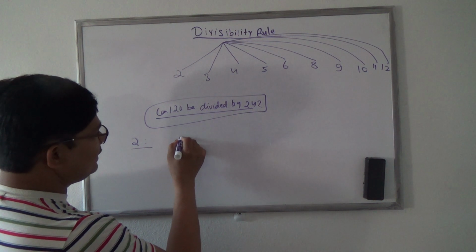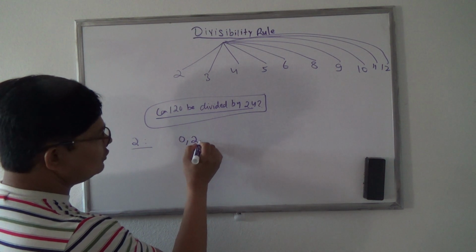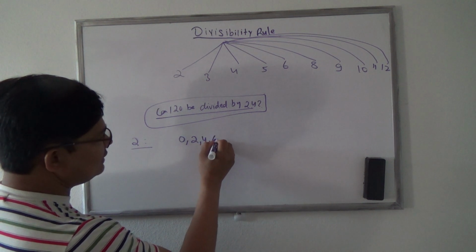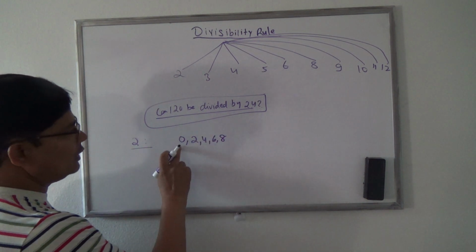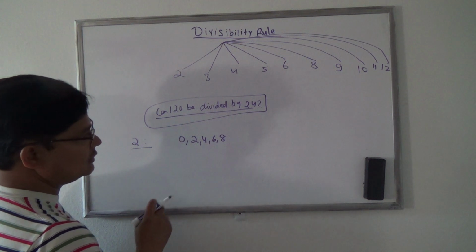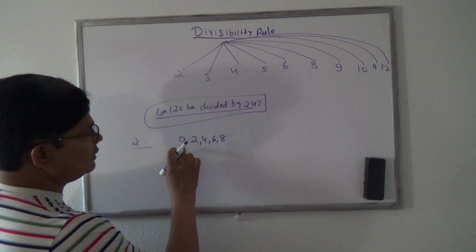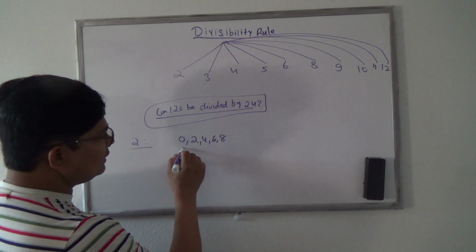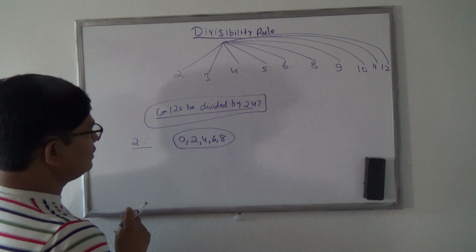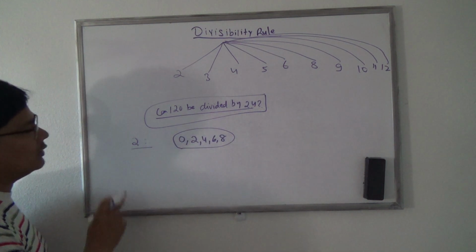If the unit place is 0, 2, 4, 6 or 8, then that number can be divided by 2.